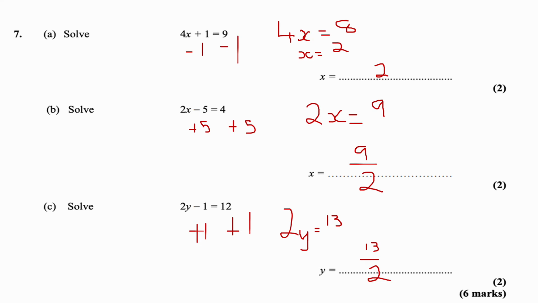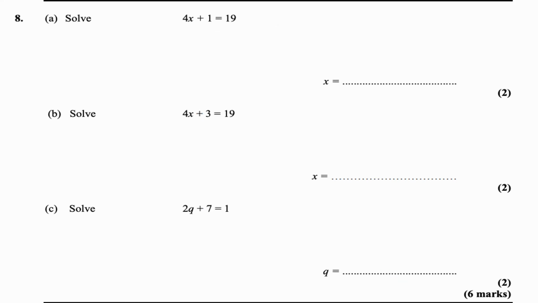This is question number 8, part A. Solving this equation, subtracting 1 on both sides, I get 4x is equal to 18. Dividing both sides by 4, guys, okay, I get x is equal to 18 quarters, or 18 over 4. Okay, which I can cancel down and simplify, divide top and bottom by 2, I get 9 halves.